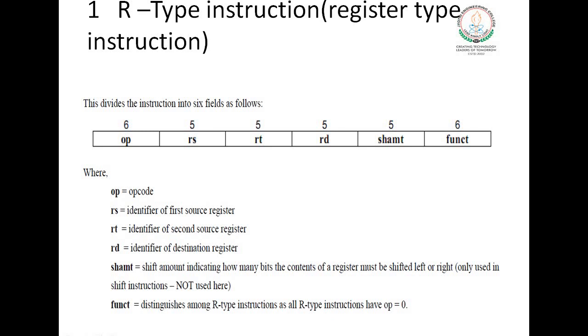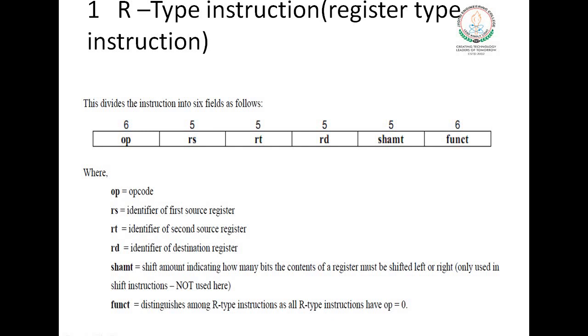The format is as shown, which is divided into 6 fields of various bits. The opcode is given 6 bits. RS is the source register.